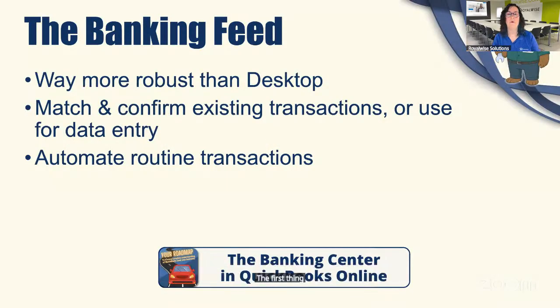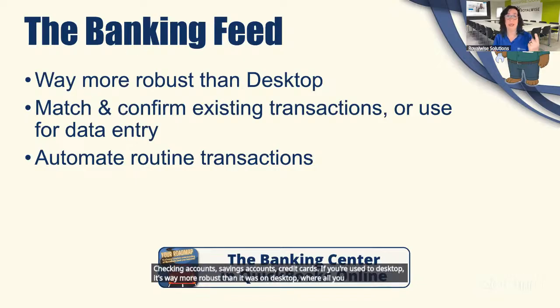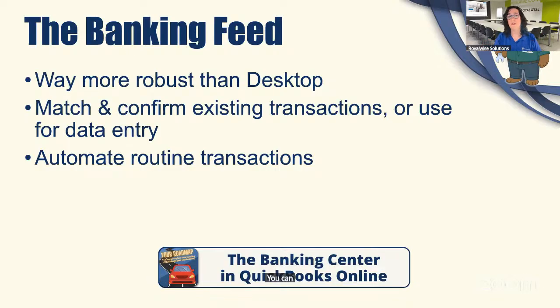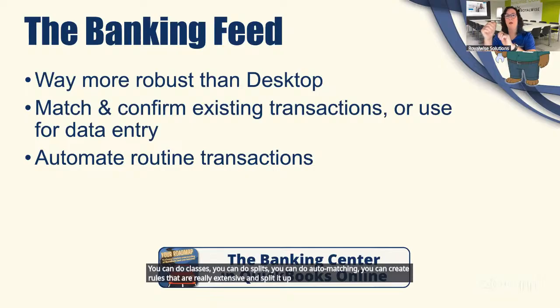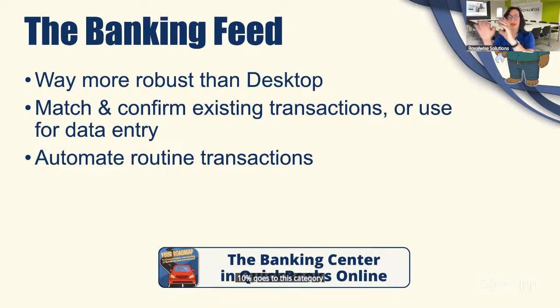The first thing that I want to point out is that there's a really extensive bank transactions feed that imports all of the transactions that it sees at your bank account, checking accounts, savings accounts, credit cards. If you're used to desktop, it's way more robust than it was on desktop, where all you could do is put in the payee and the category. You can do classes, you can do splits, you can do auto matching, you can create rules that are really extensive and split it up into 10% goes to this category in this class, and really do intricate automatic data entry so that anything that's routine, you don't even have to touch.